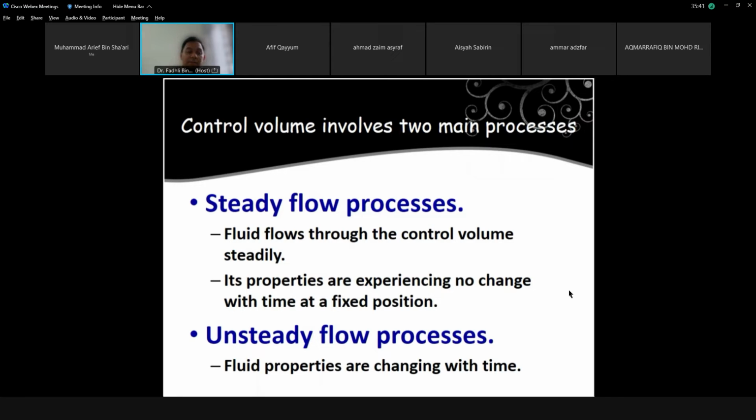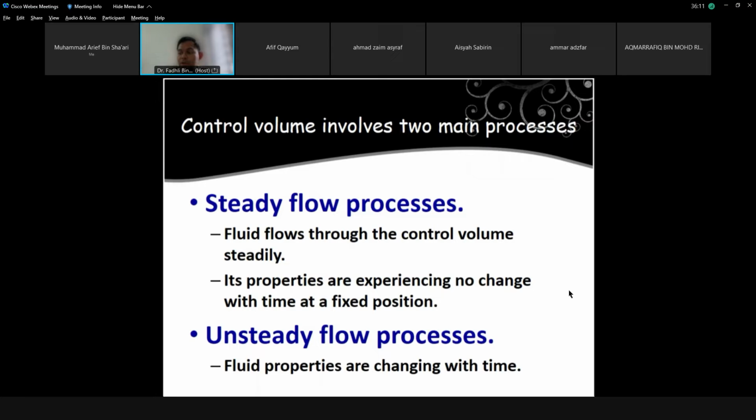And then they have two main processes for control volume: steady flow process and unsteady flow. But basically in our level of thermodynamics, we assume that all of the processes that occur in control volume are in steady flow, okay, not unsteady. Unsteady is not in our level, but in advanced thermodynamics ataupun dalam real life, itu ada unsteady.